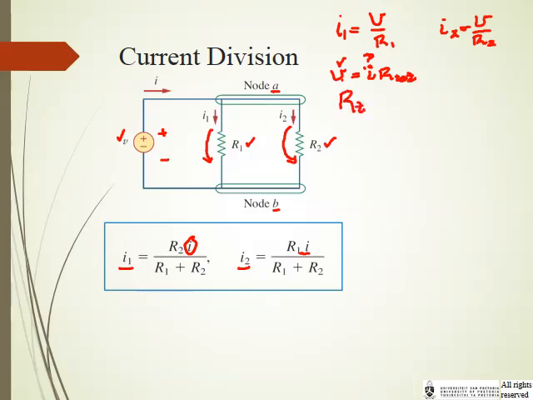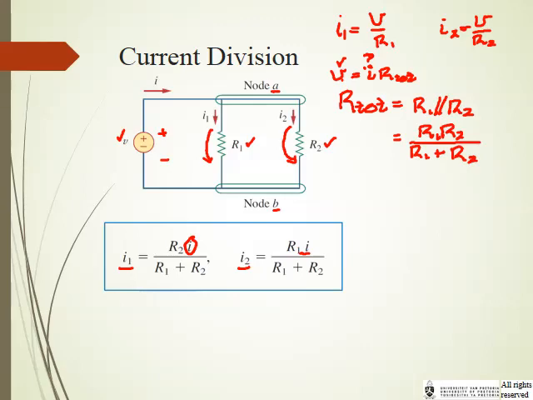It's a parallel combination, so it's R1 parallel to R2. But then we know the shortcut equation, as we've seen a little bit earlier, we can write it as R1 R2, the product, divided by R1 plus R2. So that's the total resistance.